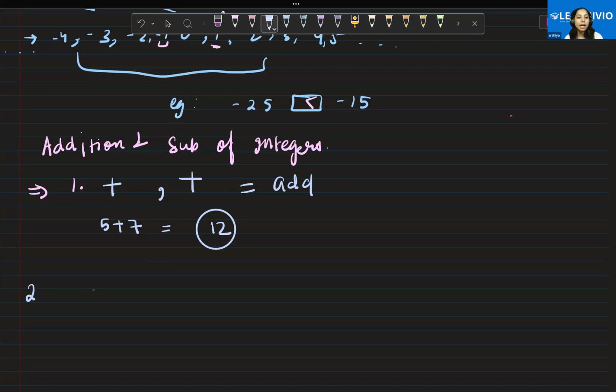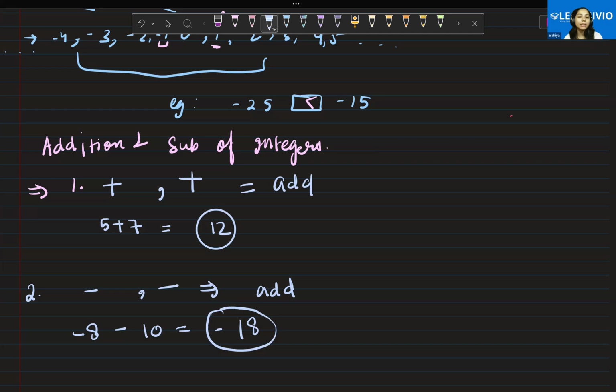Now let's say we have both the negative integers. Then also we will add, and the sign will be negative. So let's say I have -8 and -10. What will happen? 10 plus 8 will be 18, and the sign will be negative. Okay, is it clear?